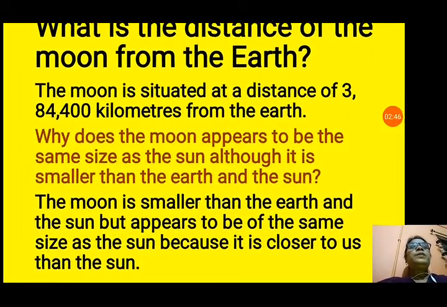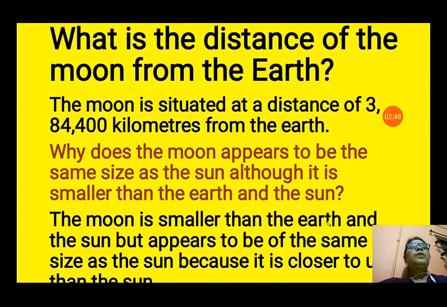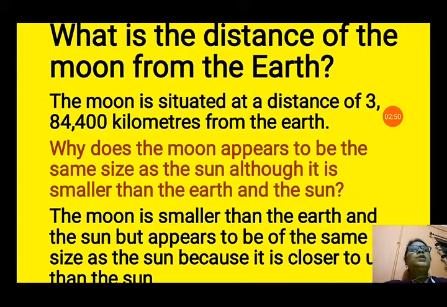Now next we will see the distance of the Moon from the Earth. The Moon is situated at a distance of 3,84,400 kilometers from the Earth. So why does the Moon appear to be the same size as the Sun although it is smaller than the Earth and the Sun?